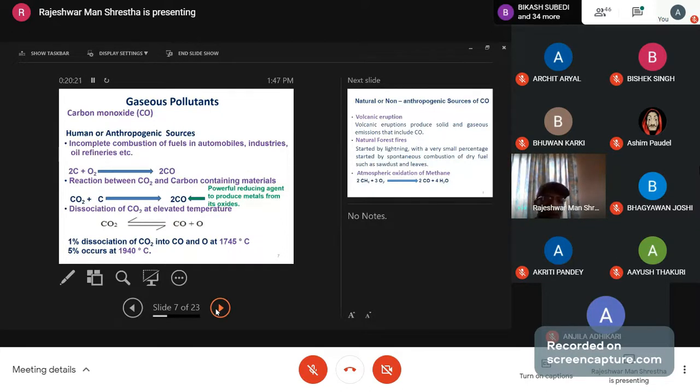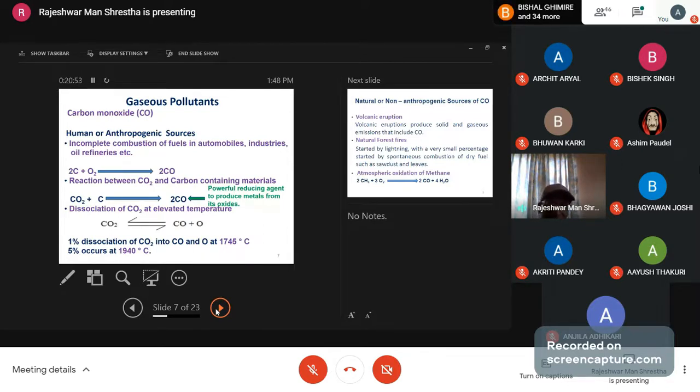A large amount of carbon monoxide is utilized as a powerful reducing agent to reduce metal oxide into metal. In this way, in the extraction of metal from ores, carbon monoxide is utilized as a powerful reducing agent to extract metal from their oxide. And that reaction is carried out in the blast furnace.